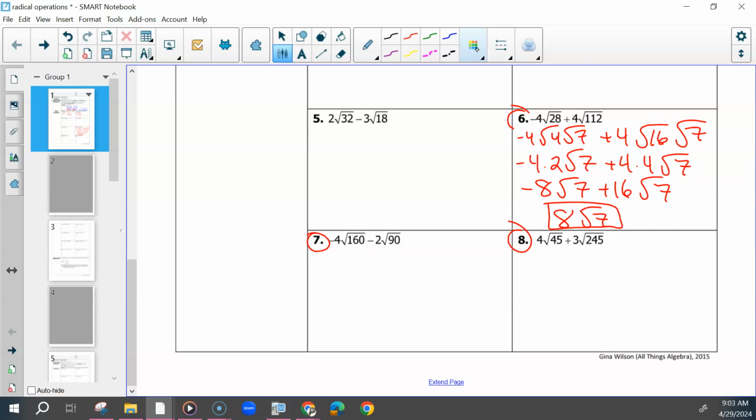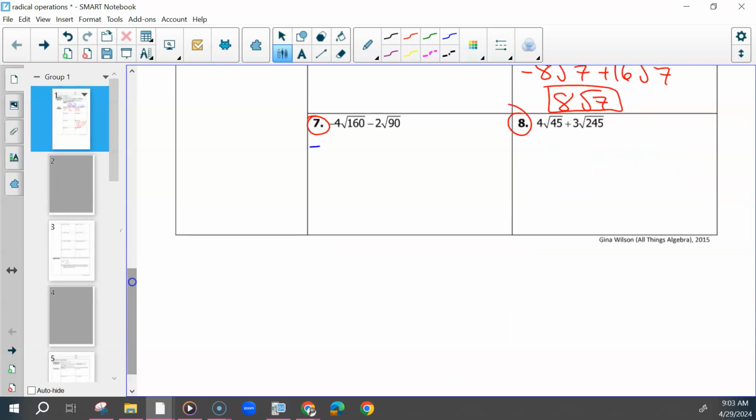Alright, let's try 7. What is the highest perfect square that goes into 160? 16 and 10. And then the highest perfect square that goes into 90. 9. And then I can take the square root of 16 and the square root of 9.